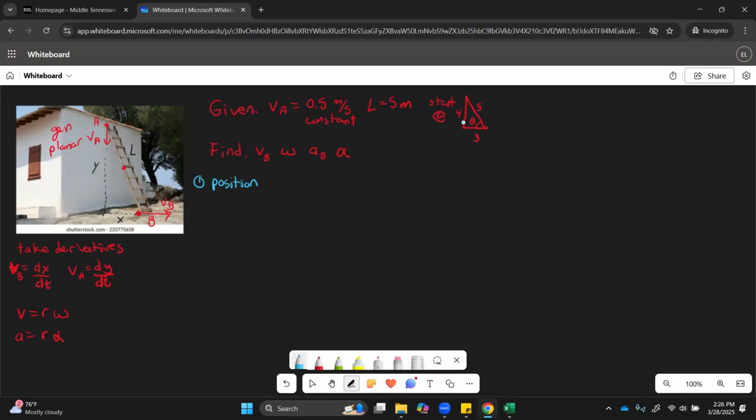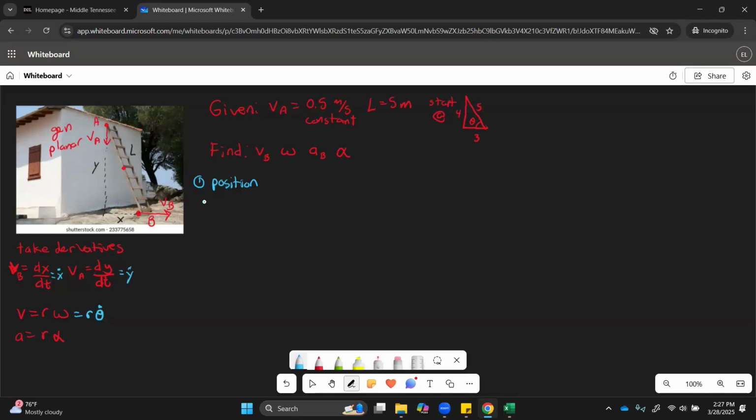But we need to write position in terms of x and y so that we can get to the velocity. So dx dt is x dot, dy dt equals y dot, and this here, v equals r omega, which is r theta dot. So we'll just write that to remind ourselves of a different form of expression for it.